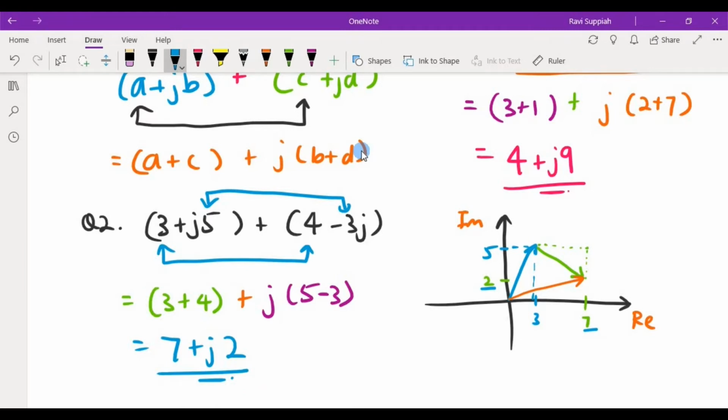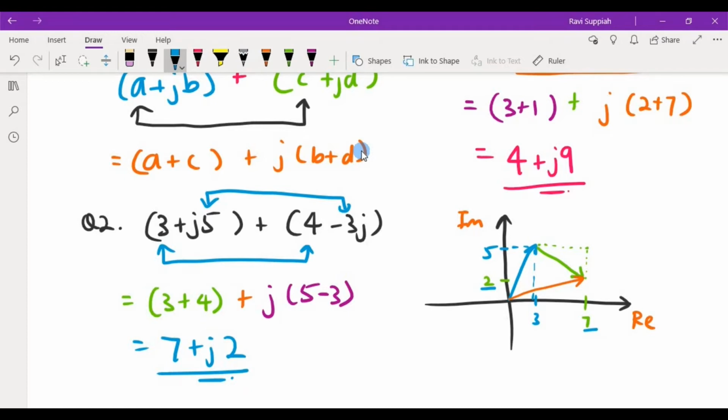So what I've shown you is how you can apply the vector approach to solving complex numbers in a graphical form. Of course, it is very tedious to keep drawing and solving such operations. So the more straightforward algebraic approach is a lot faster and easier.